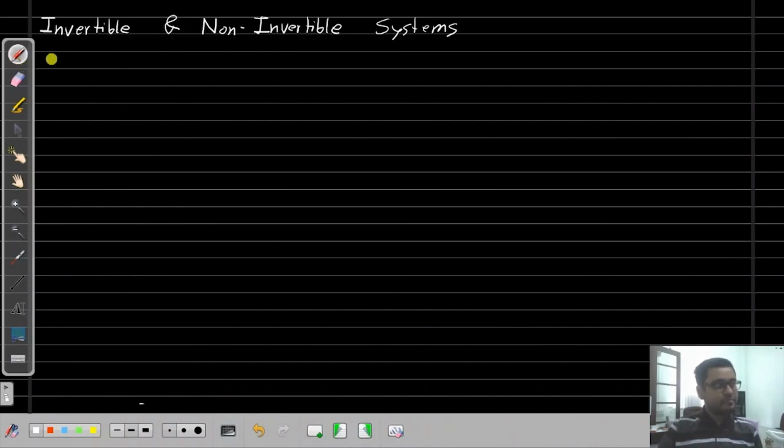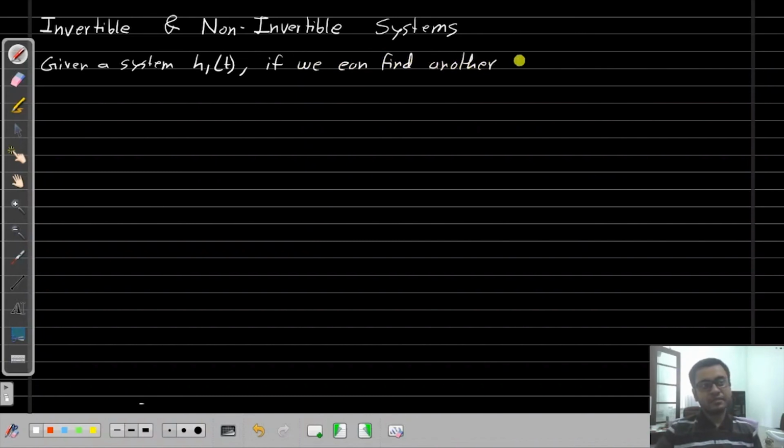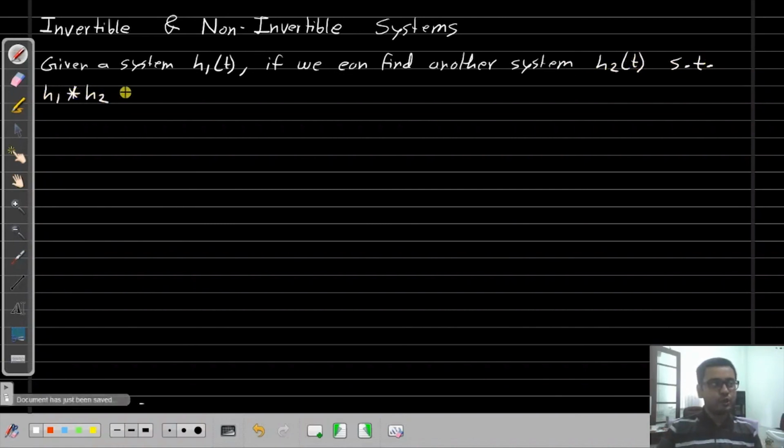Given a system with impulse response h1(t), if we can find another system with impulse response h2(t) such that h1 star h2 is equal to δ(t), the result of convolving h1 and h2 is the unit impulse signal, then what will happen?